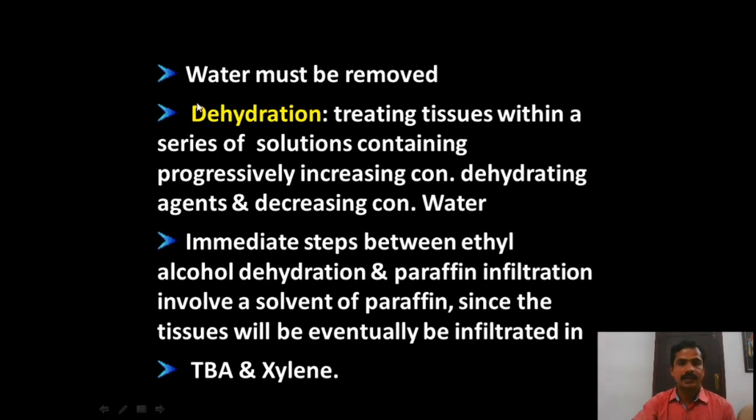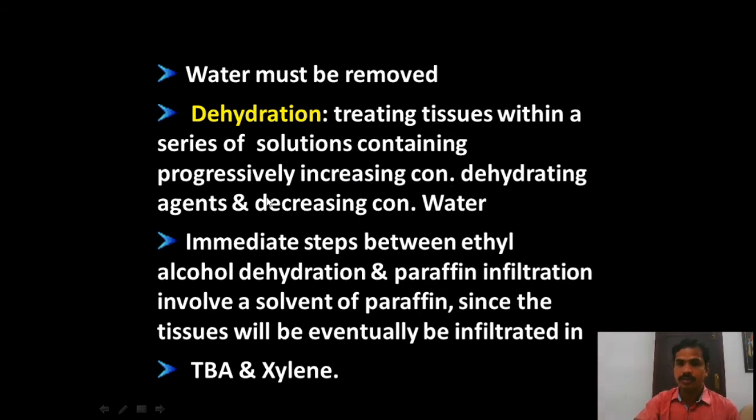Then after killing and fixing of the specimen, the water must be removed before going to the staining procedure. That process is known as dehydration, that is the removal of water content of the specimen. It is done by treating the tissues with a series of solutions containing progressively increasing amounts of dehydrating agent and decreasing concentration of water.